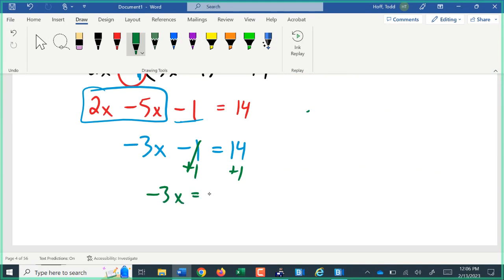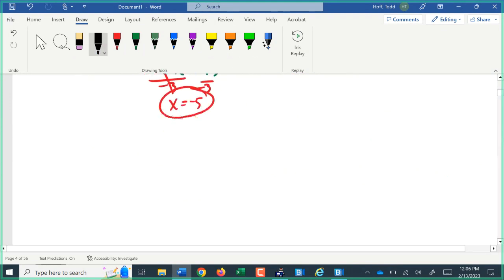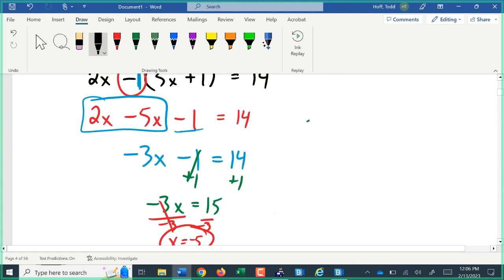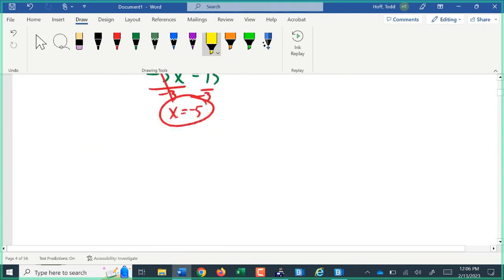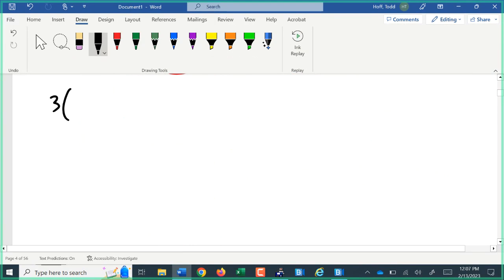Negative 3x equals 15. Then we can divide by the negative 3. X equals negative 5. So the difficulty there was dealing with the fact that we had a subtraction in front of a parentheses without a number there.